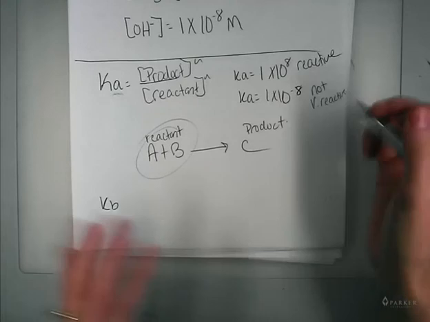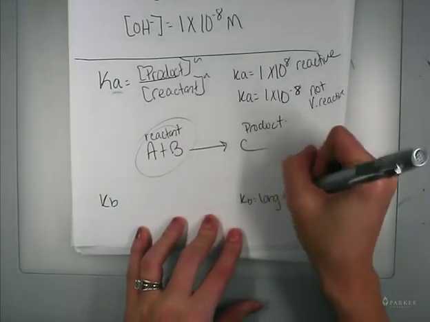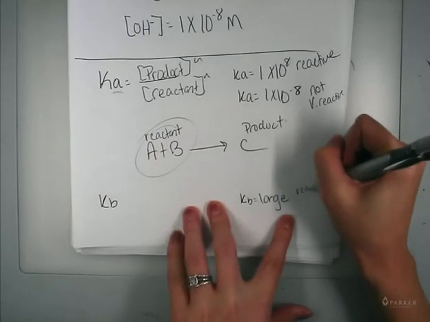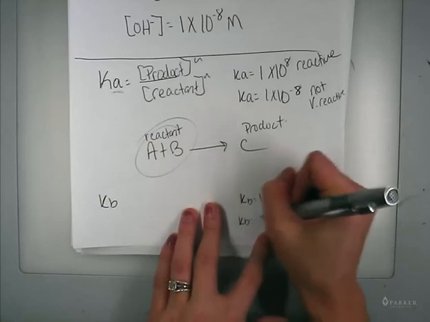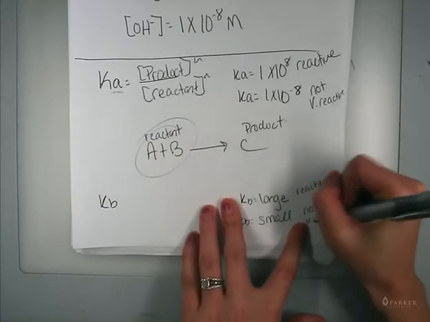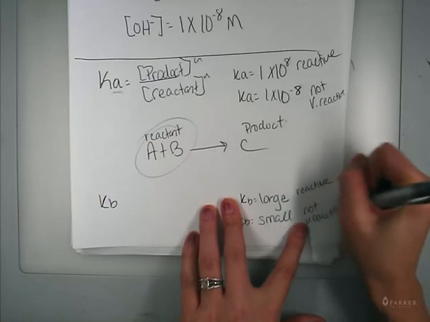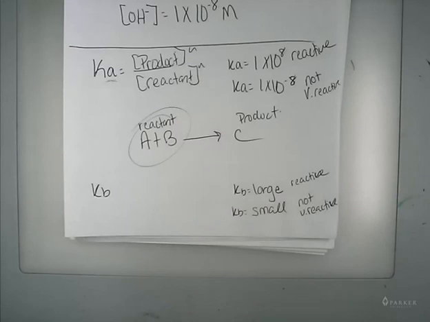And the trend is the same. If Kb is large, that means it's reactive. And if Kb is small, it's not very reactive. But remember, we're not looking at the acid, we're looking at the base.